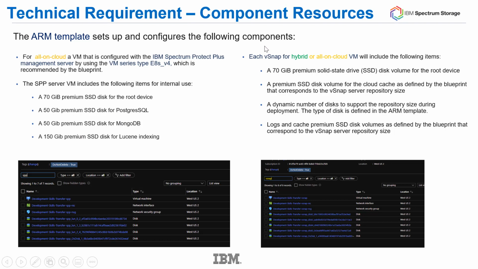Whereas the vSnap, which we deploy whether it's a hybrid or all on cloud, is going to need at least 70 gigabytes of solid state disk volumes for the root volume, and then whatever you specify as your vSnap size for the rest of that.